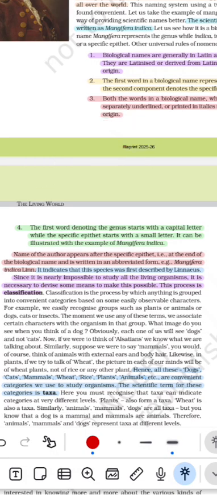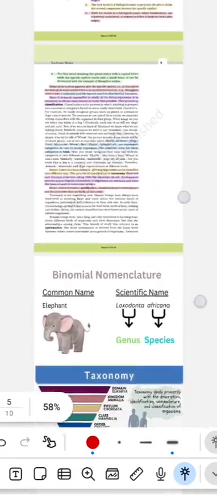And it is necessary to classify some common characters, some common species to a group, some common groups to a family, common families to an order, and so on.